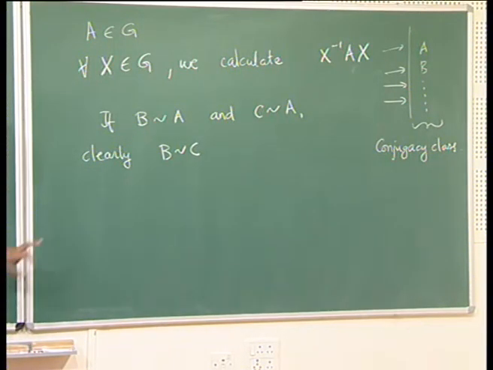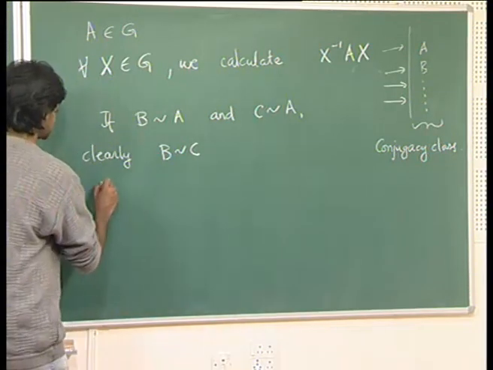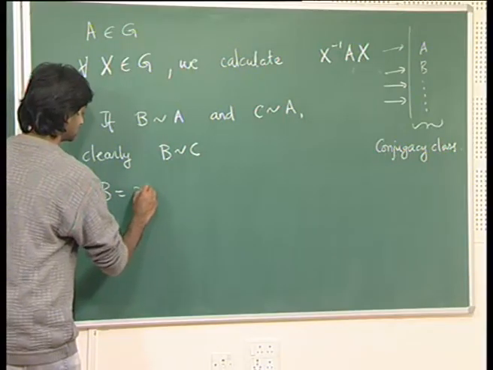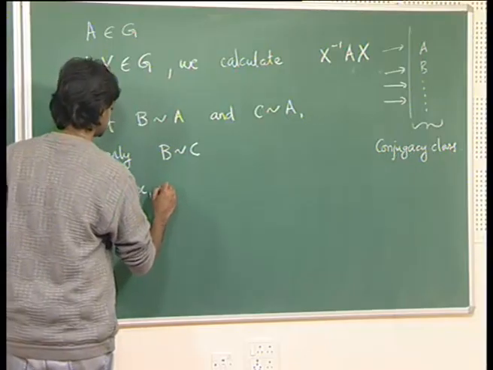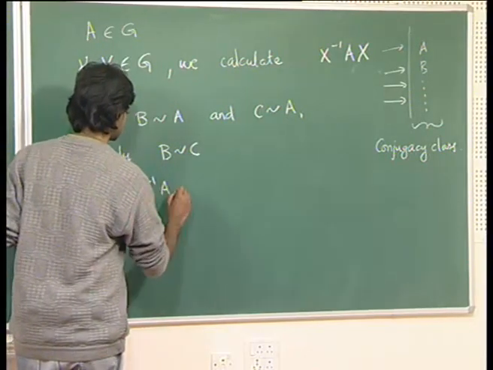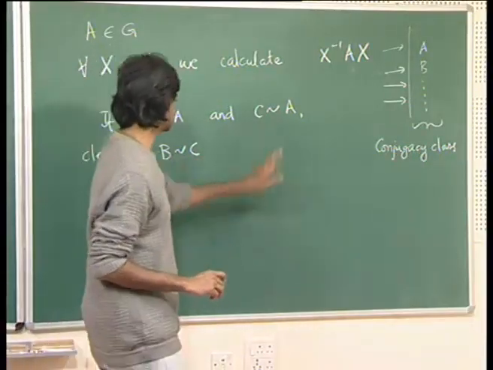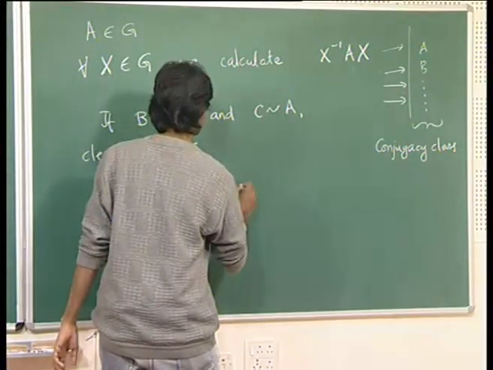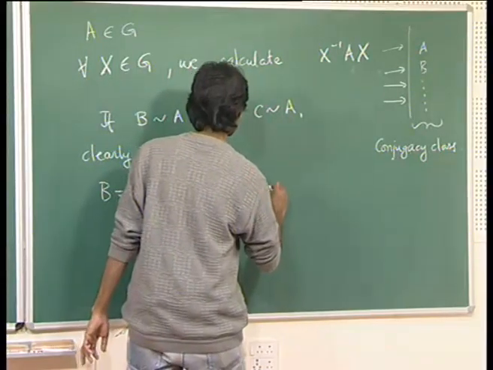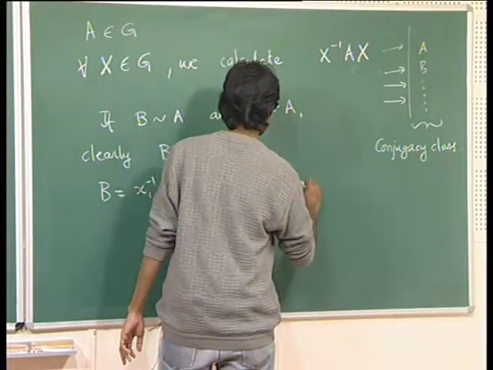If B is conjugate to A, then B is equal to X1 inverse A X1, and C is conjugate to A implies C is equal to X2 inverse A X2.